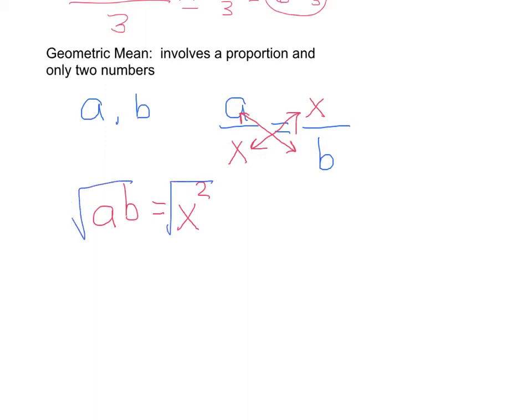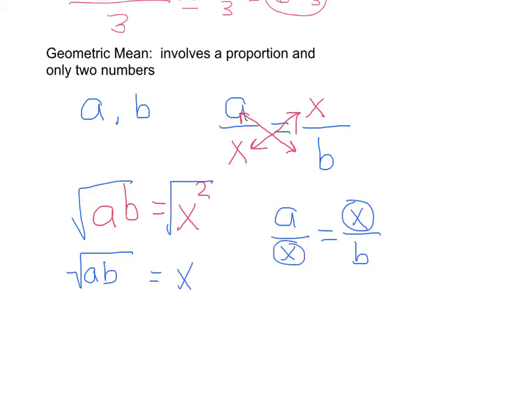The square root of x squared is just x, and the square root of AB becomes some numerical value. So there's a couple ways to think about the geometric mean. We can say that the geometric mean of two numbers is the proportion we can write where x is in these two spots, or we can just say the geometric mean is the square root of the product of the two numbers we're looking at.